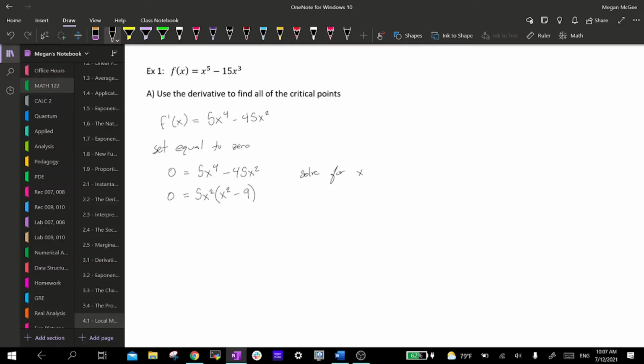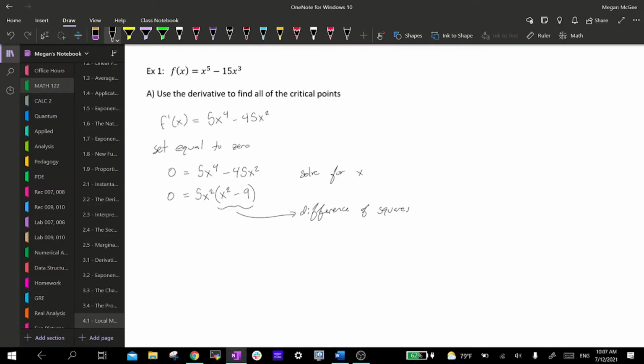All right. Then we can go ahead and look at this x squared minus 9. You've probably heard this term before, but maybe not in a while. This is called a difference of squares. And why is that? Well, we have x squared, so that's a square.